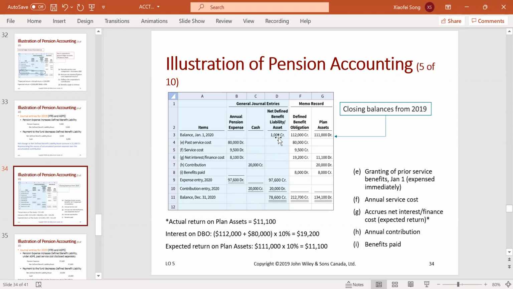But now we have a liability of $1,000. That's the net defined benefit liability. Usually there are many plans, like St. Mary's.